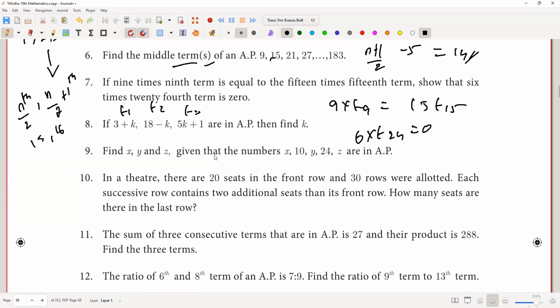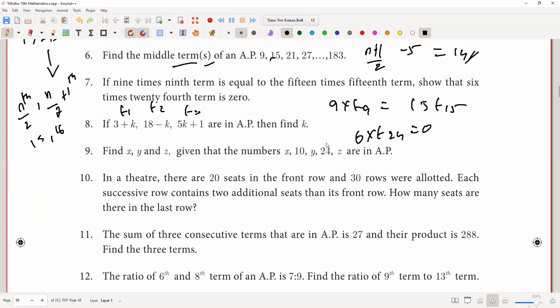Find X, Y, Z. The given numbers are in AP. Okay, 5 terms are given. So 10 minus X equal to Y minus 10. Alright. Or else I'll give you another idea also.